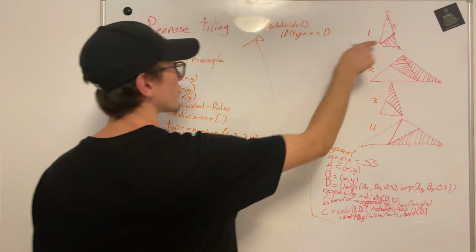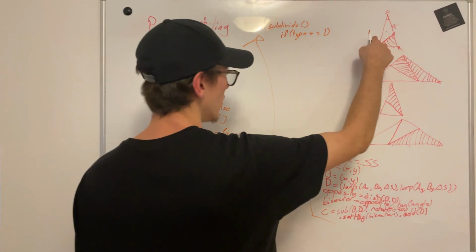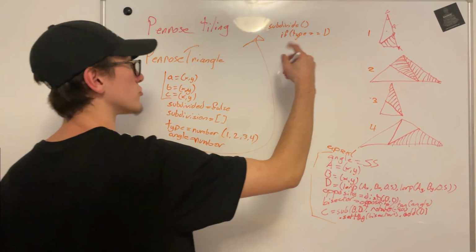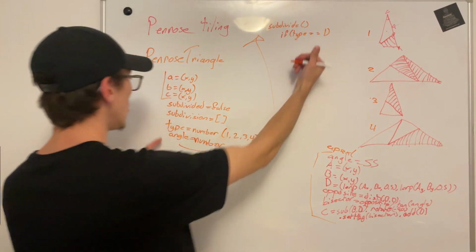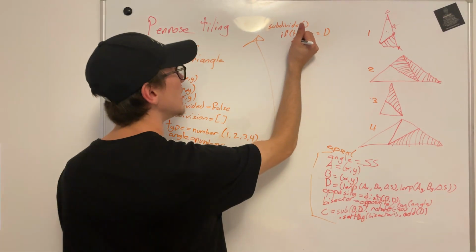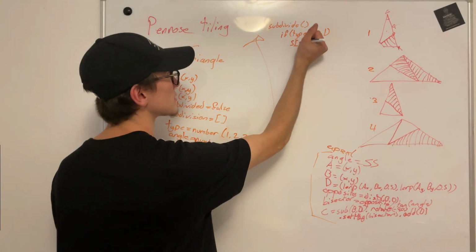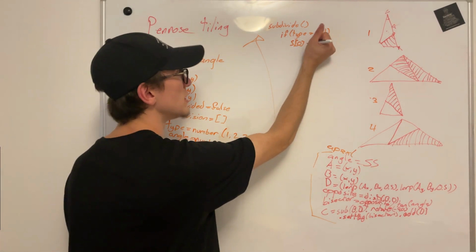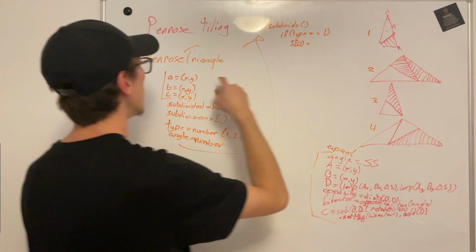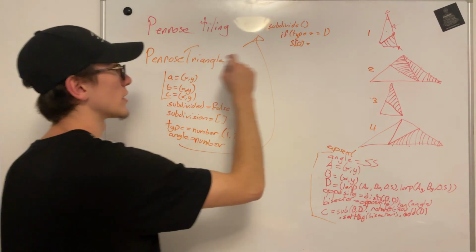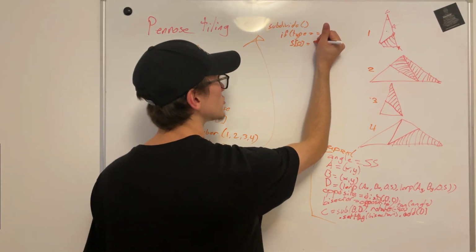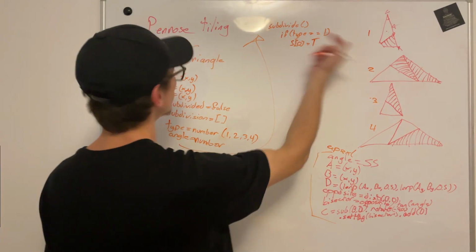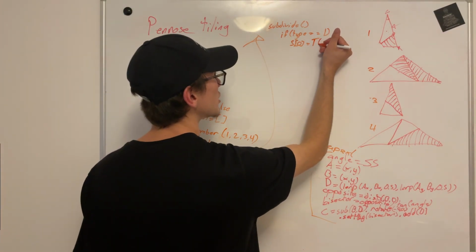Okay, great. So now we need to add into subdivision two triangles for the first case, right? So if type is 1, we need to subdivide into two triangles. So I'll just call subdivision S index 0 should be equal to a new Penrose triangle. I'll just do capital T for new Penrose triangle just because I don't have much space.